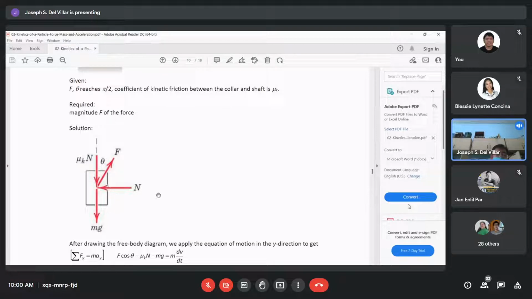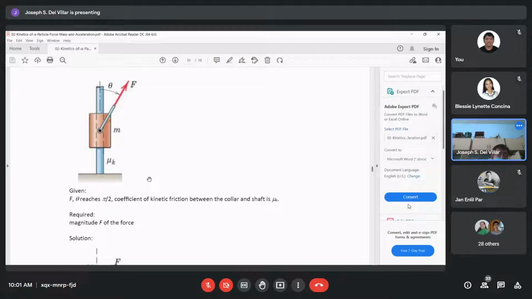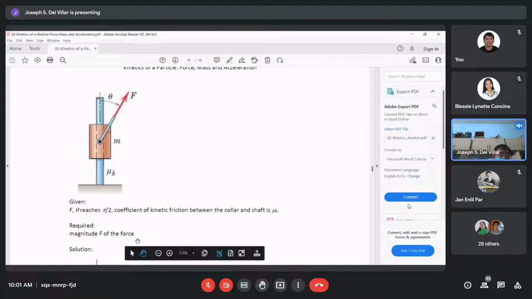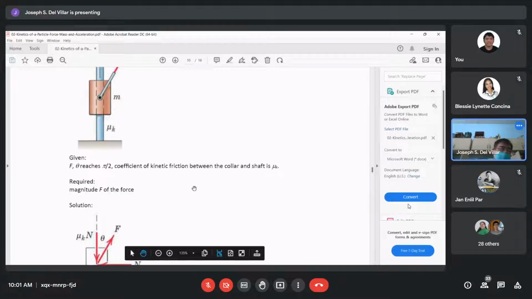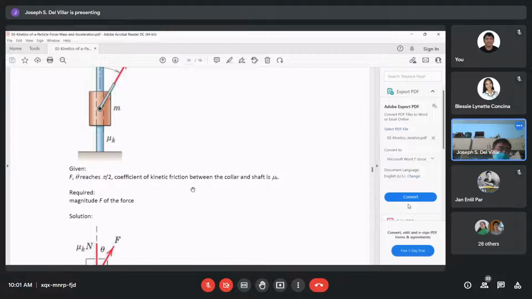And of course, we have the normal force to the left, which is the force offered by the shaft on the collar.